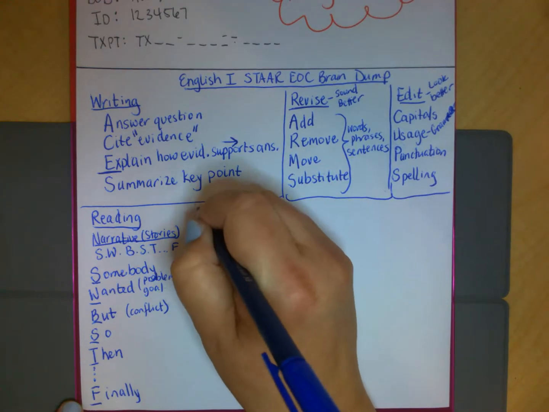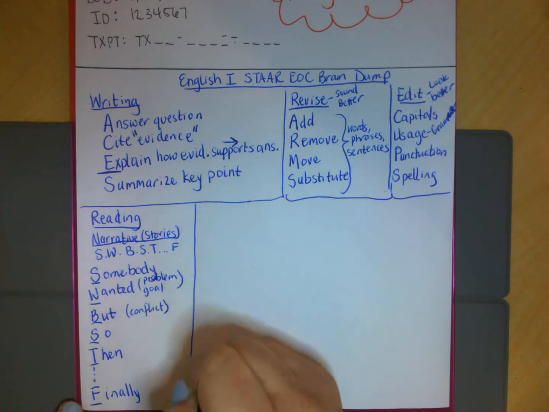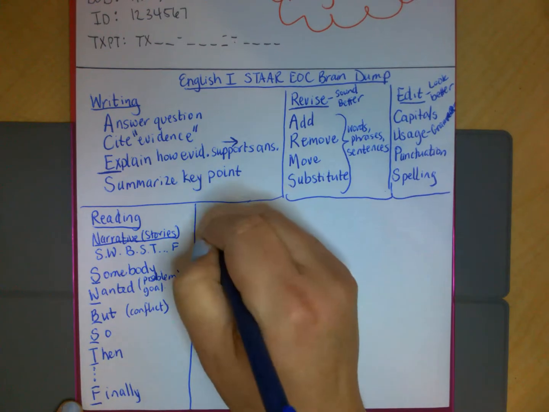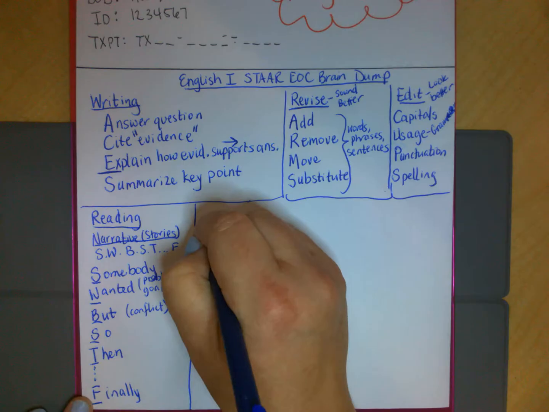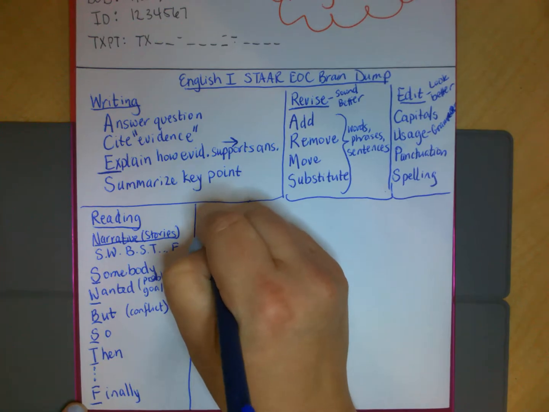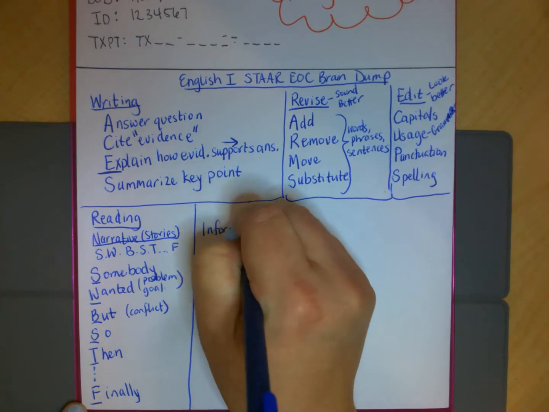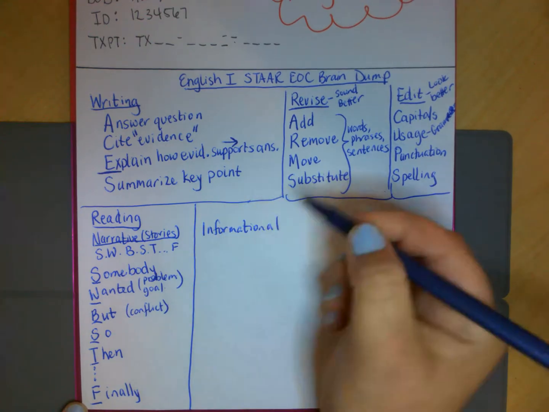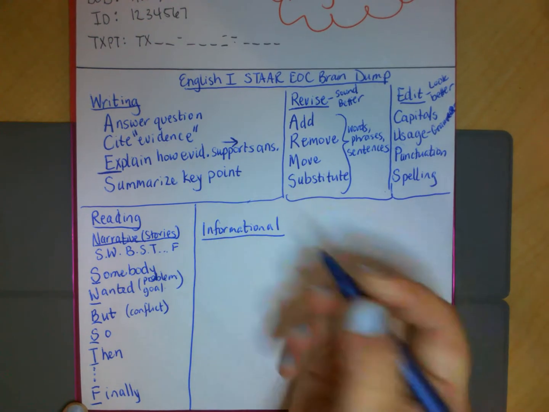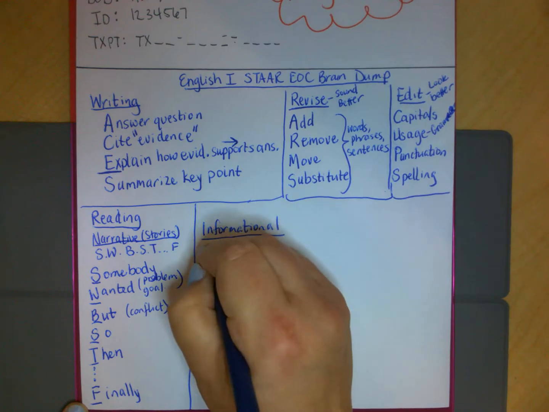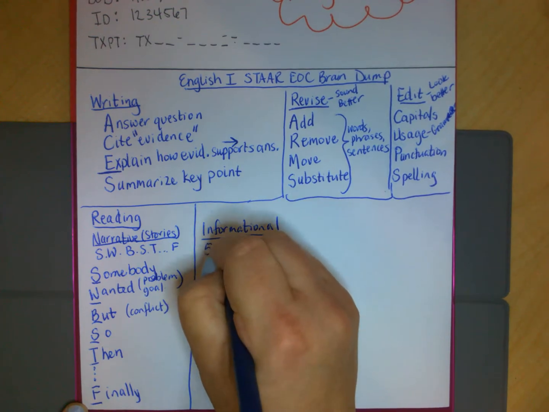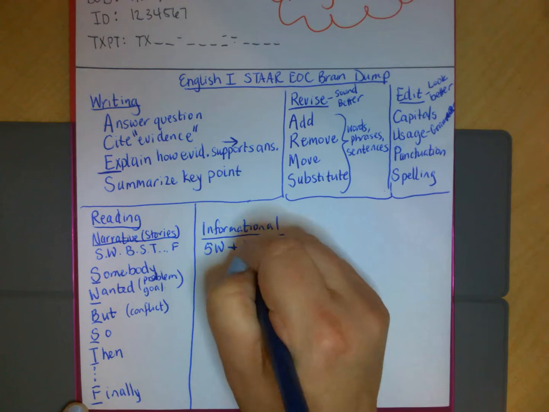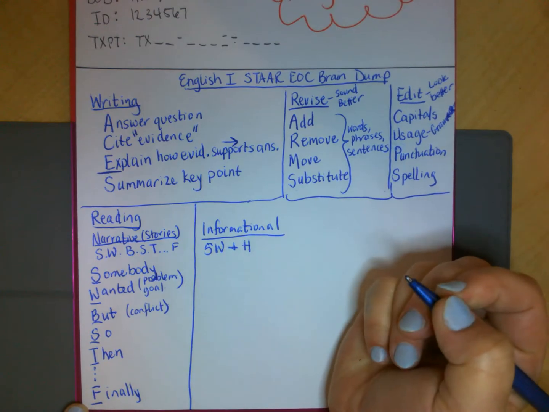Okay. Now, the next one that I'm going to give you is a strategy for informational texts. Informational is nonfiction. And that strategy is 5 W's and H, or sometimes we call these the reporter's questions.